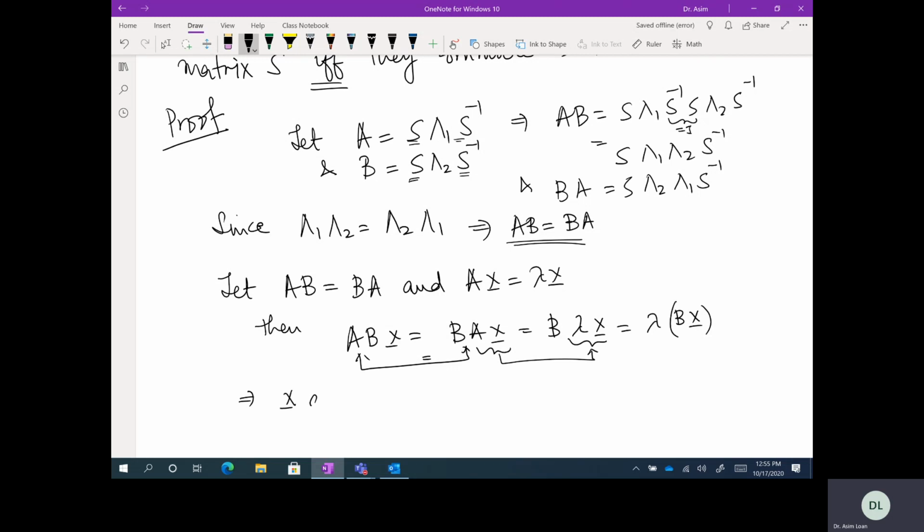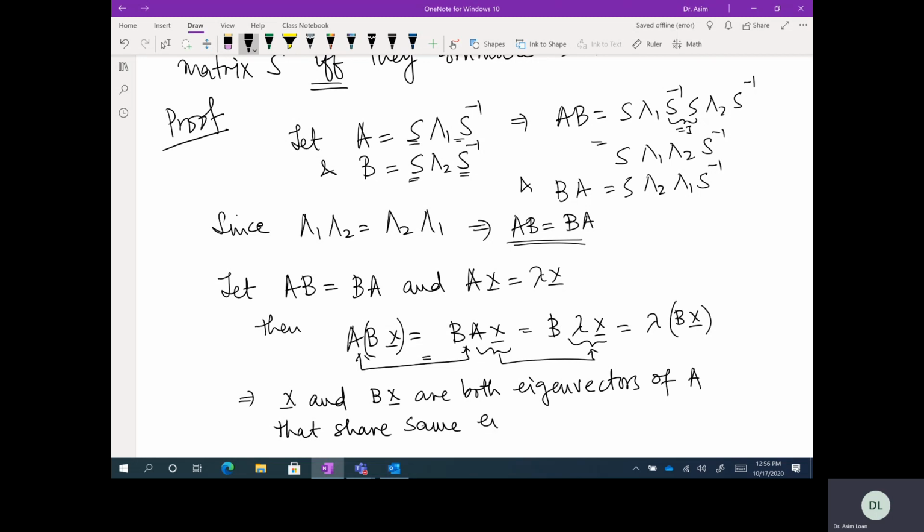This implies x and Bx are both eigenvectors of A that share the same eigenvalue lambda.